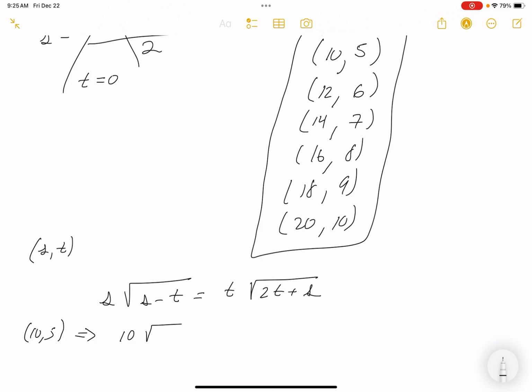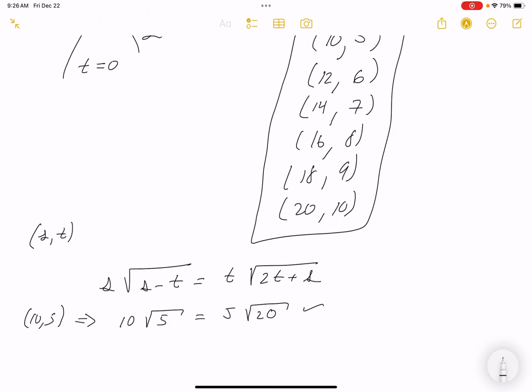10. And S minus T would be 5. Let's write this one down. What do you get? 10, 20. All right? Well, looking at it, I'm going to say this is true because the square root of 20 is going to be 4 times 5, and the square root of 4 is 2. Yeah, it looks good. Let's do the next one.